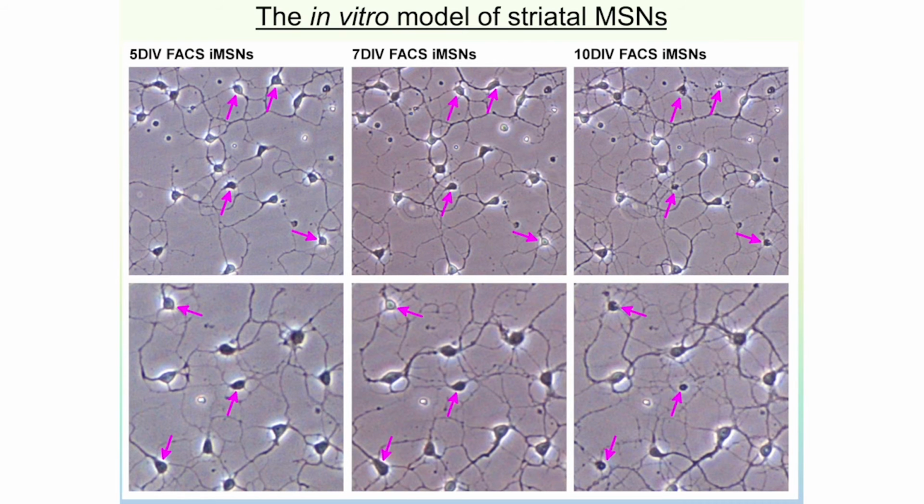And to see if cells died during this development in culture, I photographed the same area time and time again. And with those magenta arrows, I labeled cells that are dying over time, but still the other neurons are nicely developing, they are staying alive and actually look pretty good.